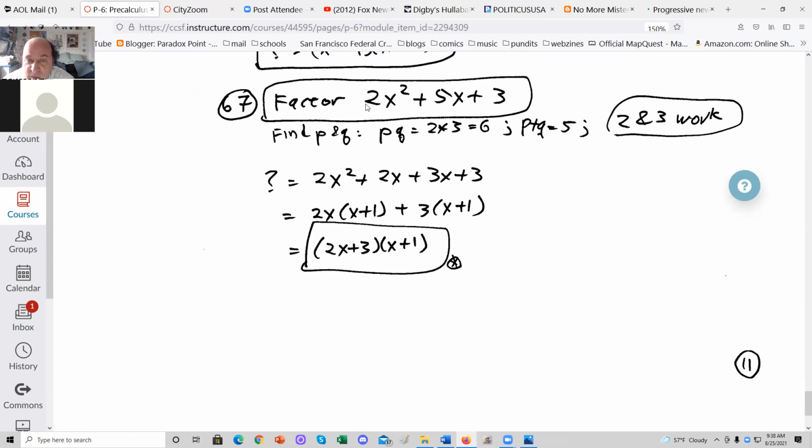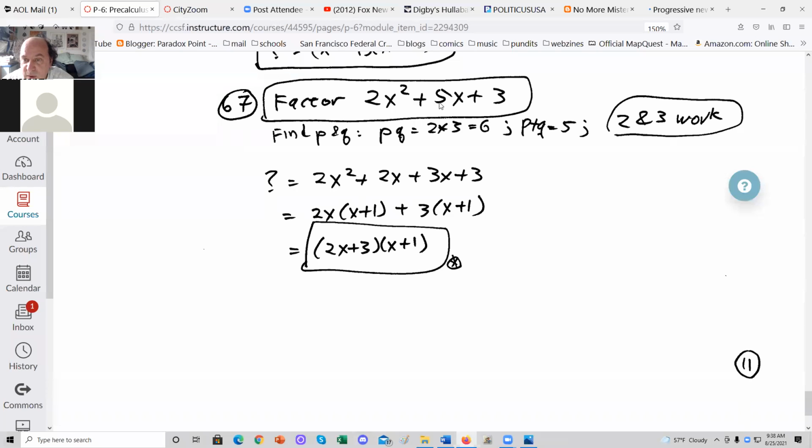Here we have asked to factor 2x squared plus 5x plus 3. So we need P and Q whose product is 2 times 3, that's 6, and whose sum is 5. Product is 6, sum is 5. 2 and 3 work. 2 times 3 is 6, 2 plus 3 is 5.